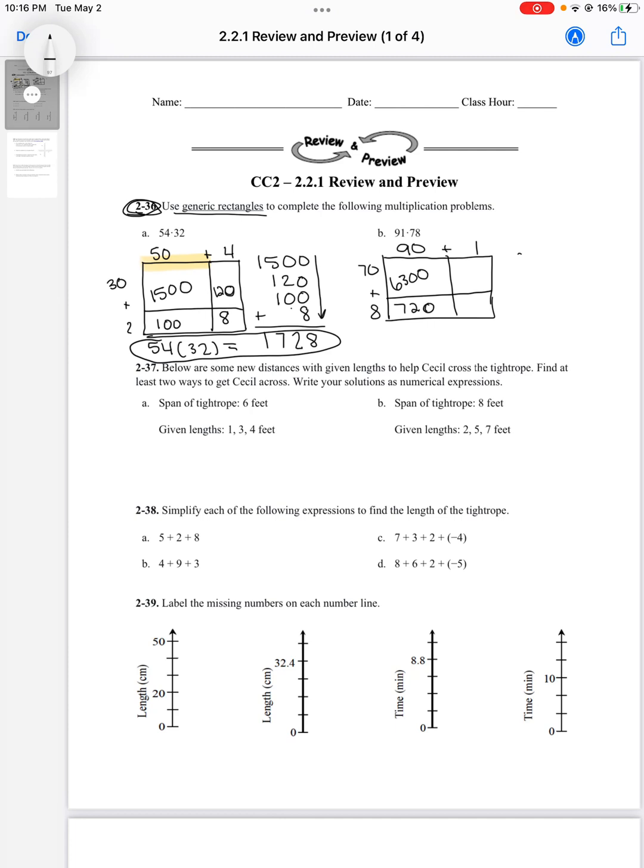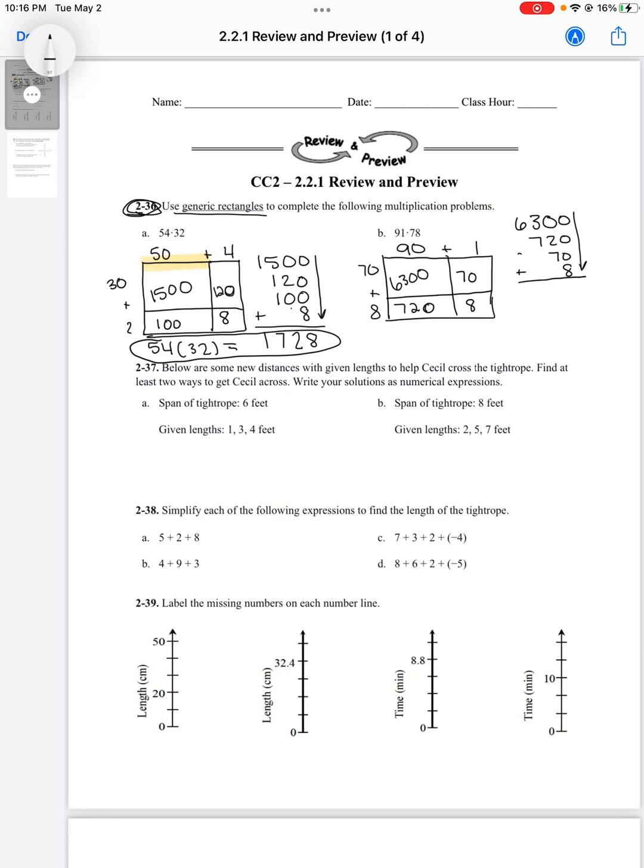And then because it's 90, it's 720. 70 times 1 is 70. 8 times 1 is 8. I add up my products. So I have 6,300 plus 720 plus 70 plus 8.